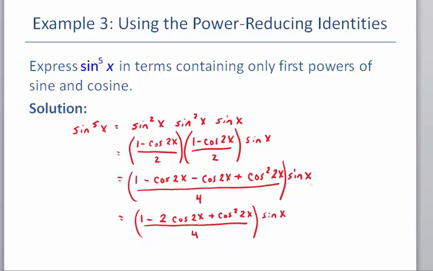And then what I'm going to do is take this 1/4, which is sitting as a denominator here, and pull that to the front. Instead of rewriting this, I'm just going to move it out to the front.